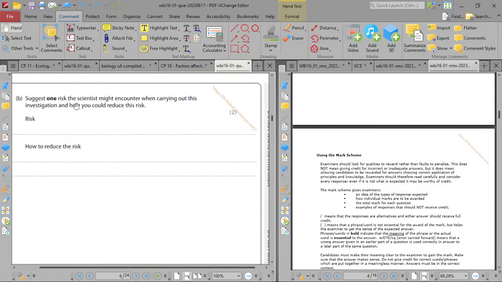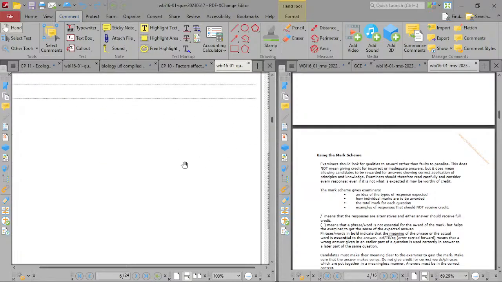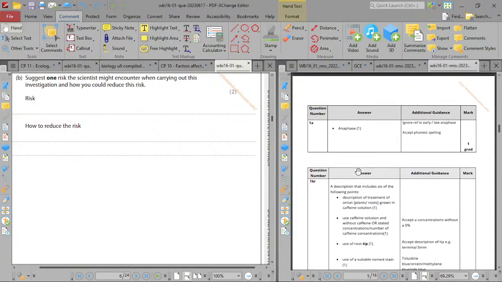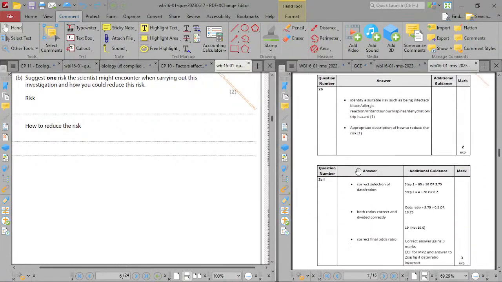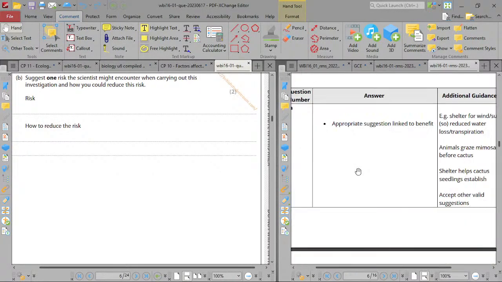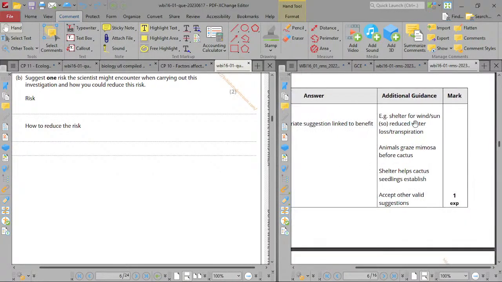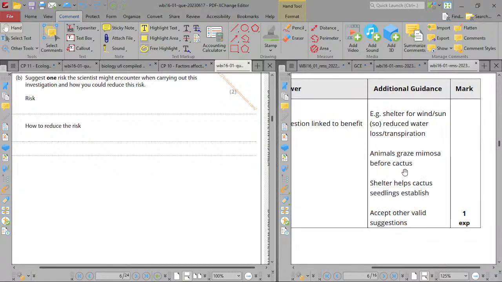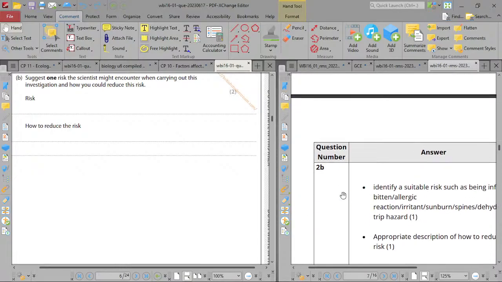Then there's one risk of carrying out the investigation: thorns on the cactus, so they might get hurt. So you have to wear protective gear like gloves and also be careful around the cactus. Shelter from wind, sun, so reduce water loss.